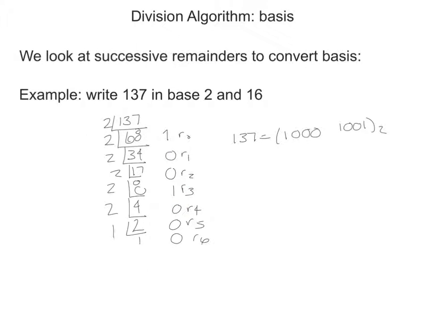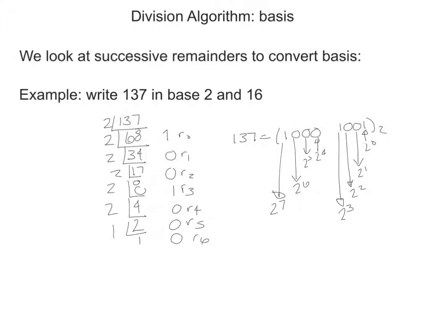To check that answer, you would have 1 times 2 to the 0 plus, this is our 2 to the 1 term, this is our 2 squared term, and then 1 times 2 to the 3rd. Here we have 2 to the 4th, 2 to the 5th, 2 to the 6th, and 2 to the 7th.